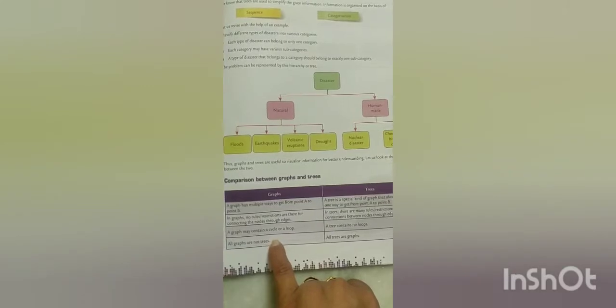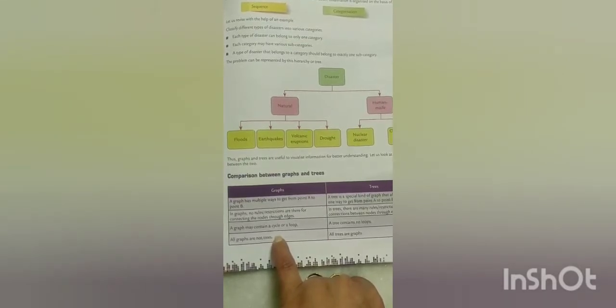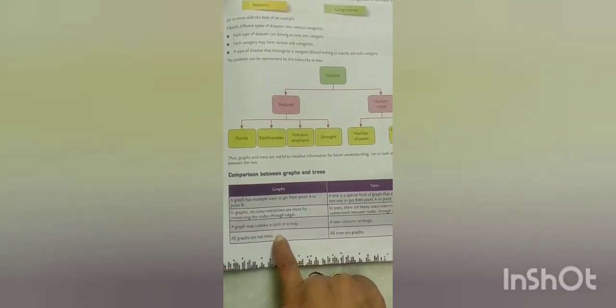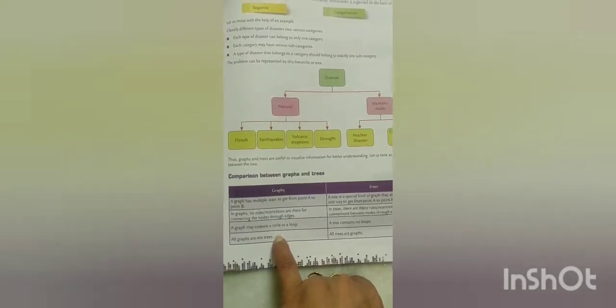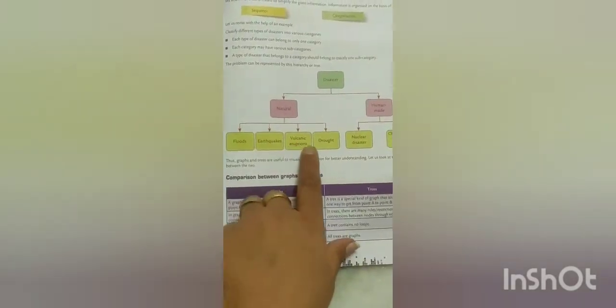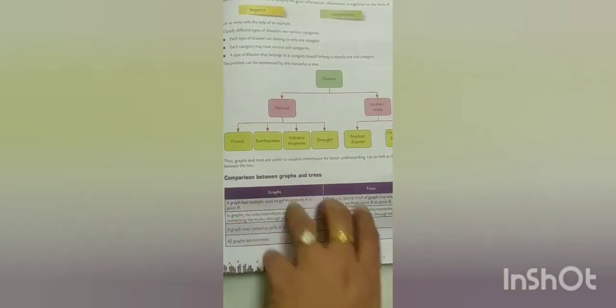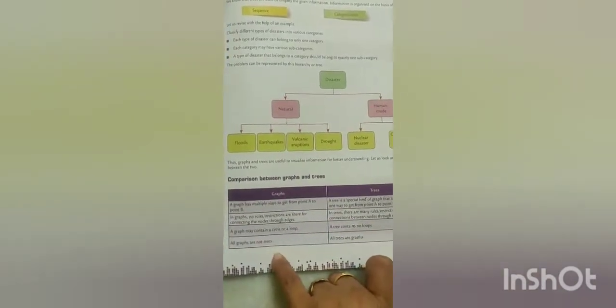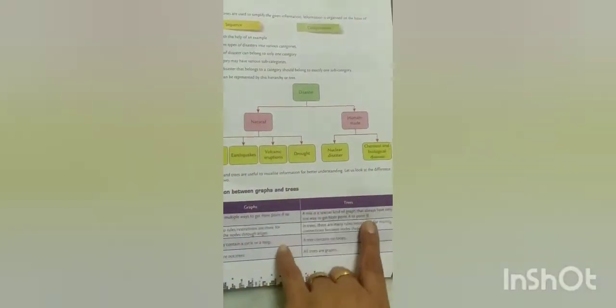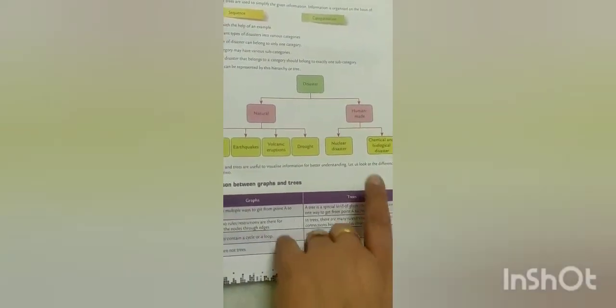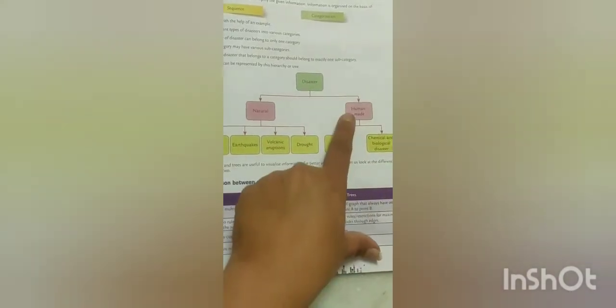Now there are 3 points that you need to take care of for every tree structure. First, each type of disaster can only belong to one category. As I told you, in trees information should not be repeated. So all the nodes, all the items you can say, having the same kind of property will belong to one category, and all the others having different properties will belong to another category.